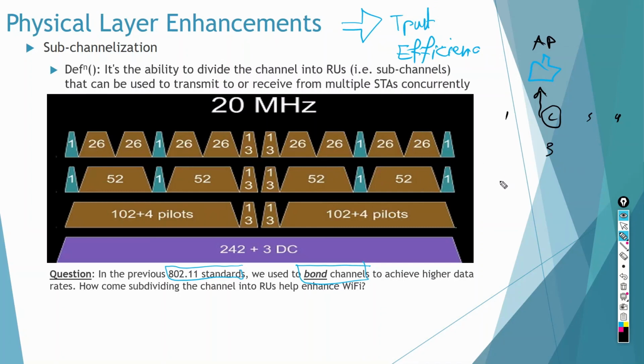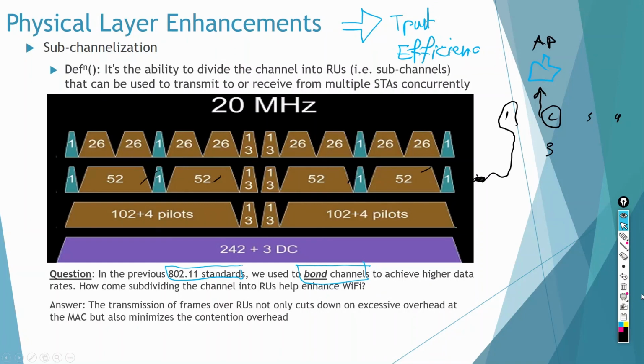For example, I can take this option here and assign these 4 RUs to the 4 clients. And by that, I can cut down the waiting time that each station has to wait and allow them to transmit concurrently.